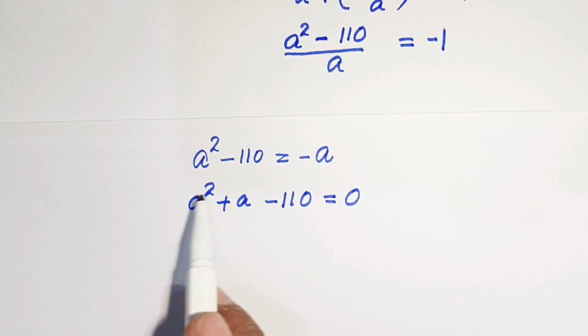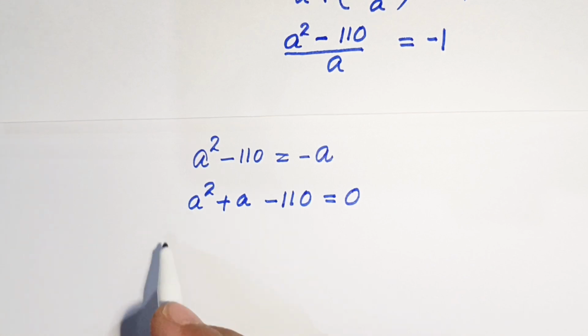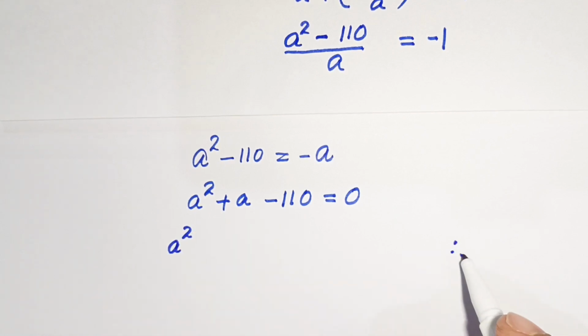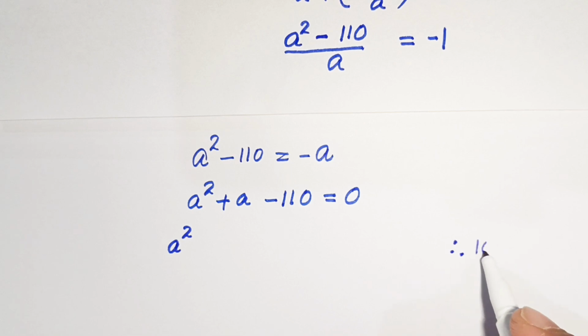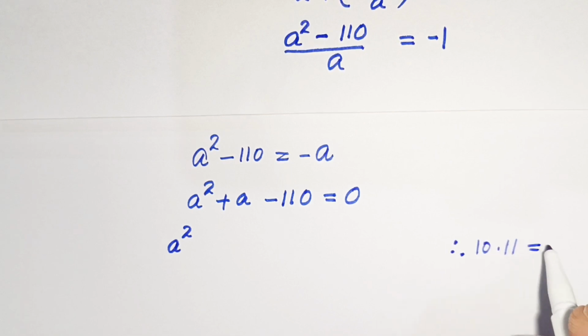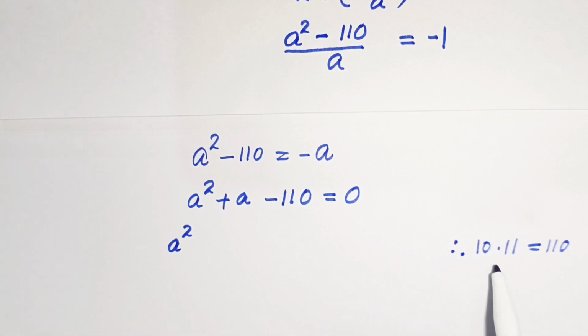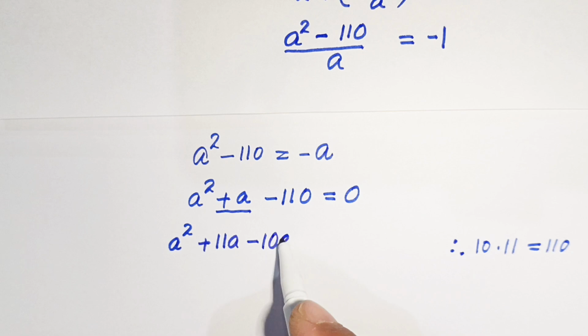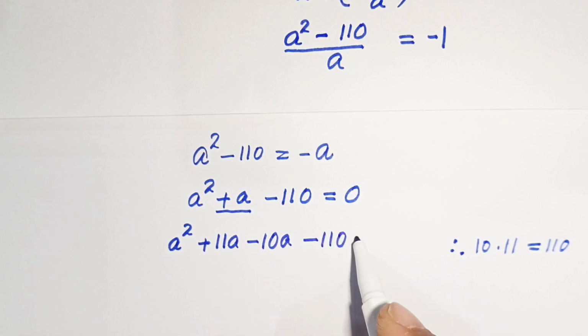We multiply 10 times 11 to get 110, and 11 minus 10 is equal to plus 1, so we write a squared plus 11a minus 10a minus 110 is equal to 0.